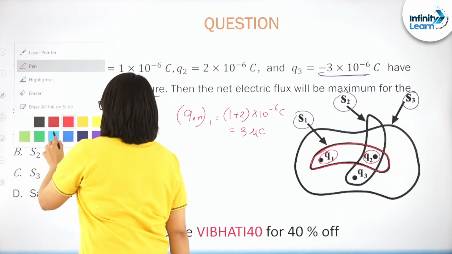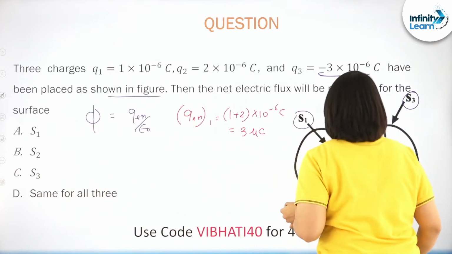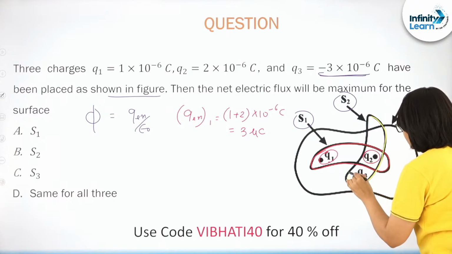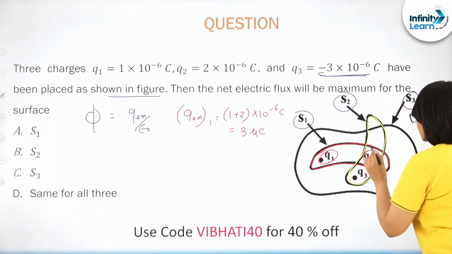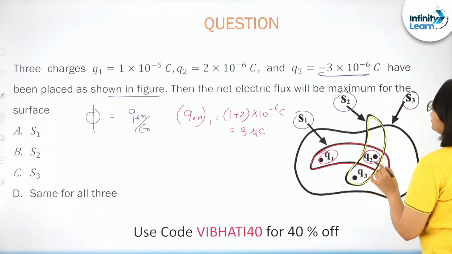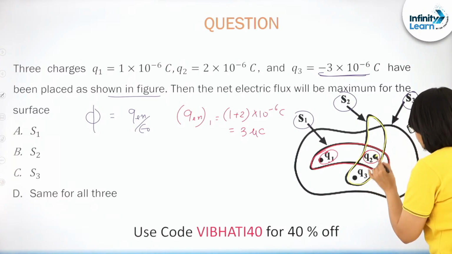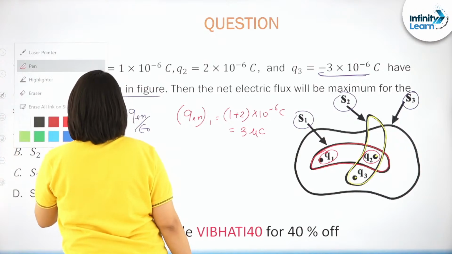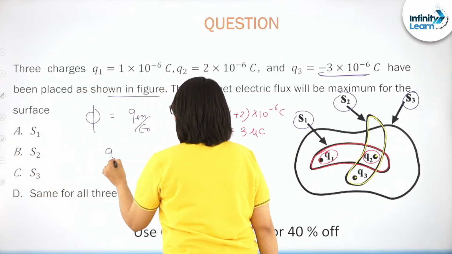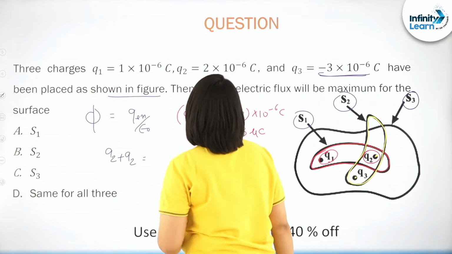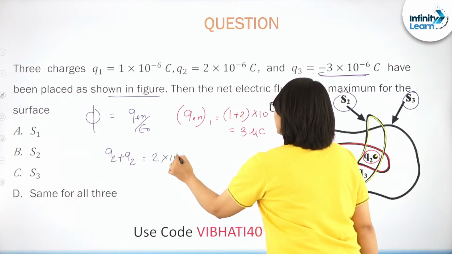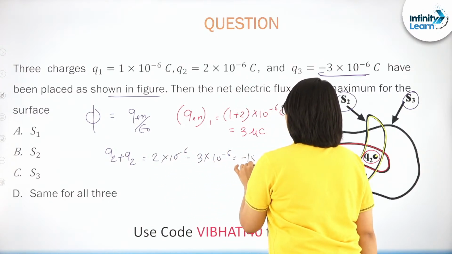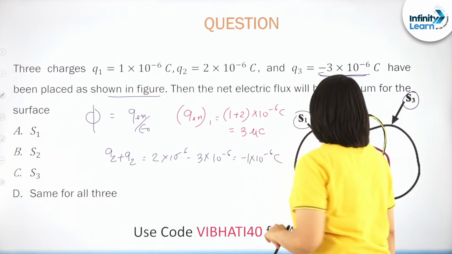S2 is this surface, the one with the yellow boundary. Now the net enclosed charge in S2 is Q2 plus Q3. Watch carefully, children. What is the value of Q2 plus Q3? That equals 2 into 10 power minus 6 minus 3 into 10 power minus 6, that is minus 1 into 10 power minus 6 coulomb.